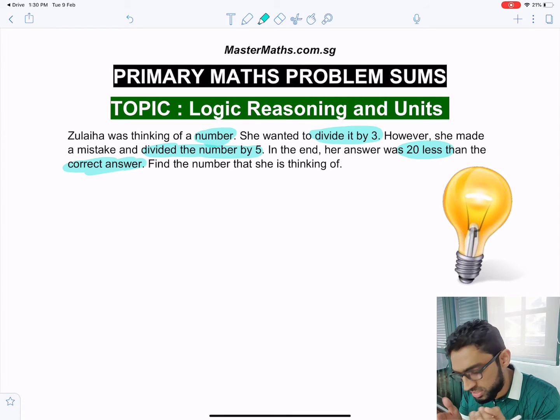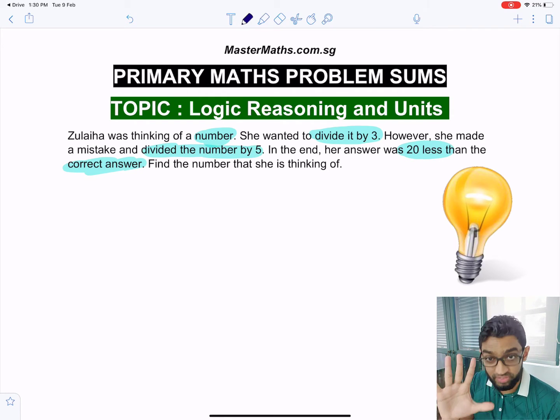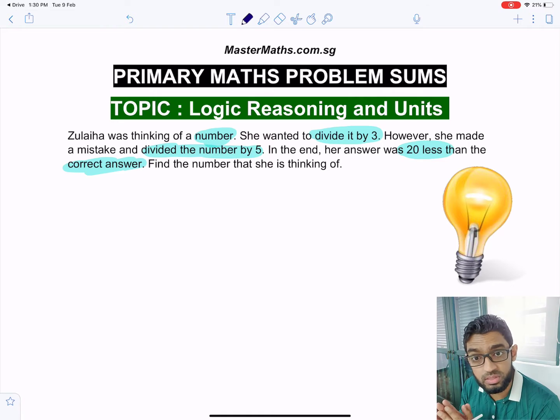So to do this, we have to develop for ourselves a number that is both divisible by 3 and also 5. In other words, we need to develop a common unit between 3 and 5. I hope this triggers you to find a common multiple between 3 and 5.